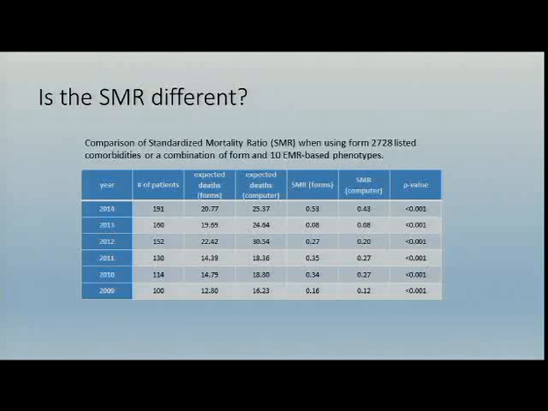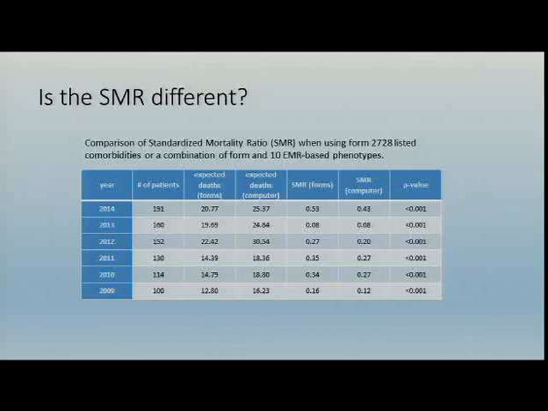So let's look at the standardized mortality ratio, whether using the phenotypes with the eventual expected death that comes out of that versus what is off of the paper copies of those registration forms that were filled by the providers. We looked at years 2009 through 2014.